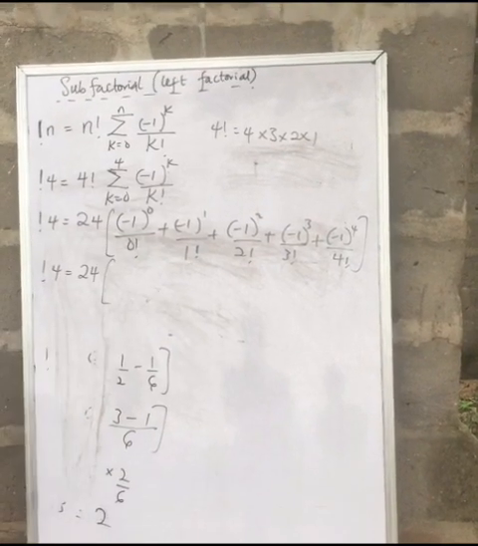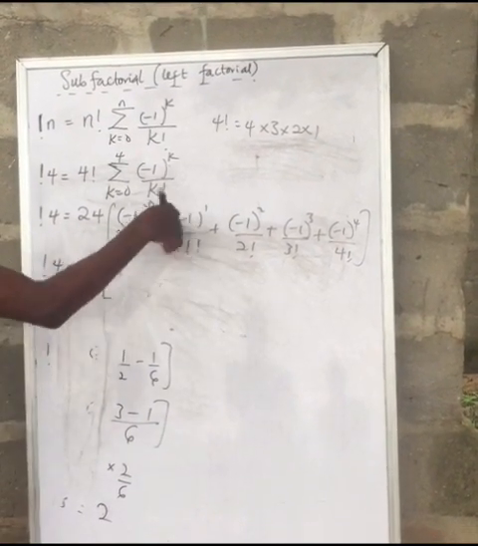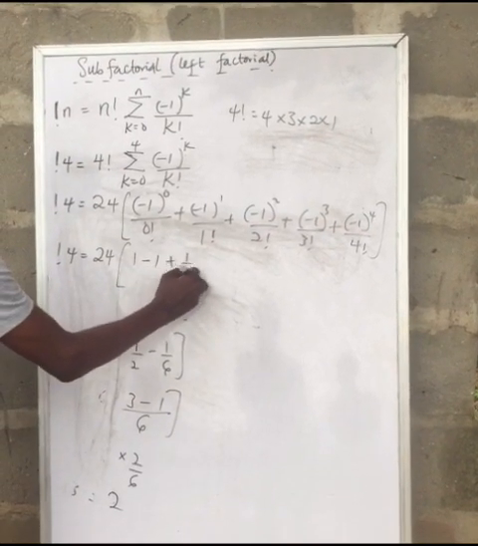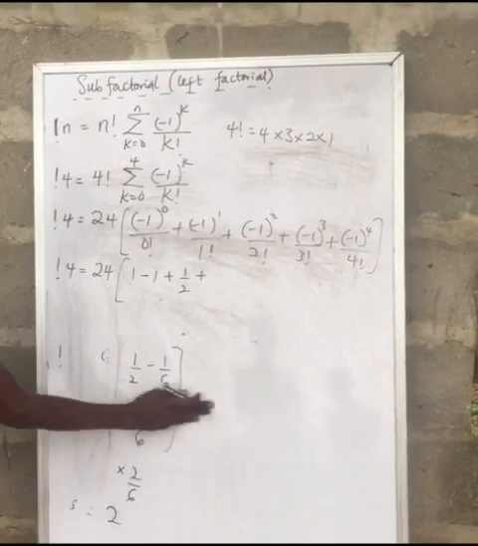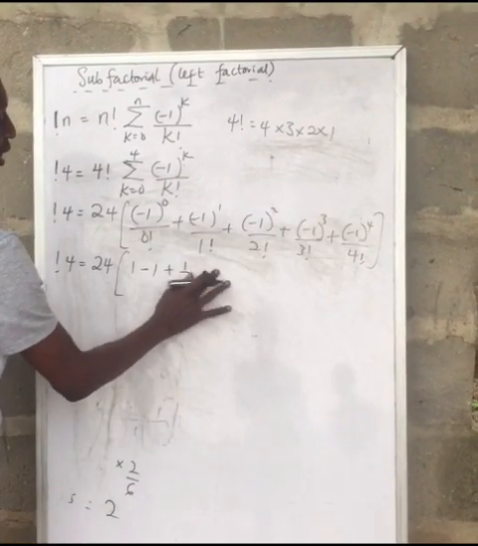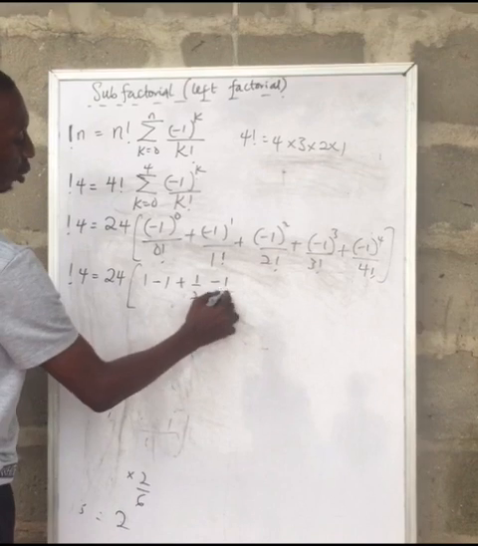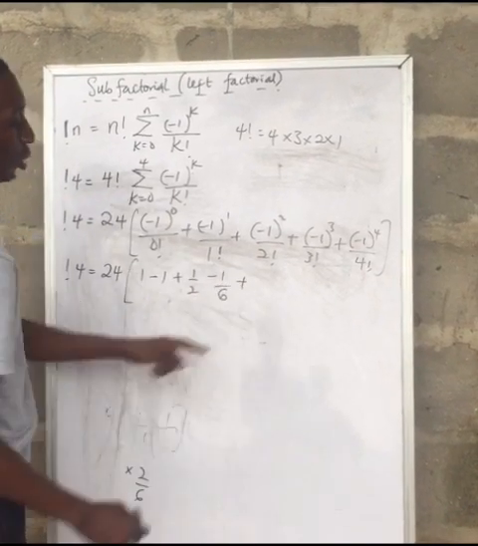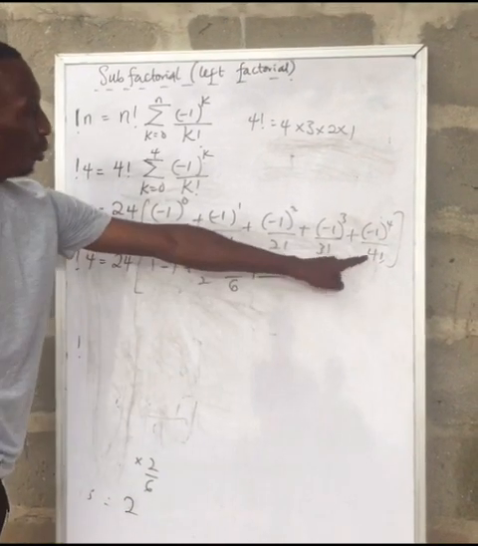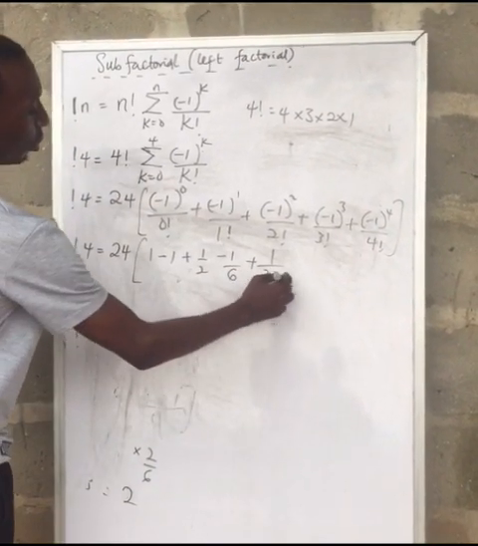This one we have done before. That's 1. Then this one will be minus 1. This one, remember, is plus 1 over 2. Then this one is exactly what we have done before: (-1)^3 is minus 1 over 3 factorial, which is 6. Plus (-1)^4 is plus 1 over 4 factorial, which is 24.